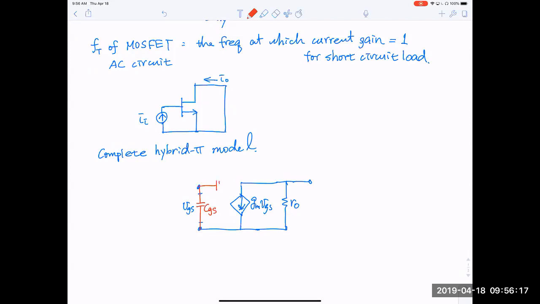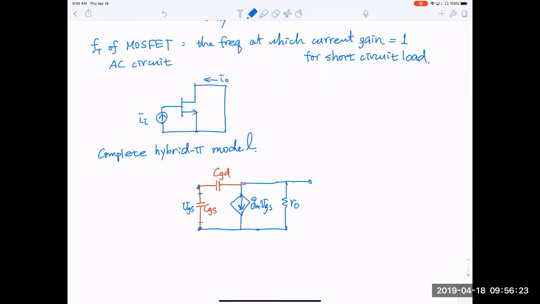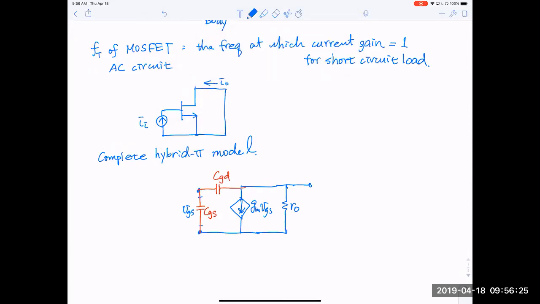And CGD goes here, right? This is the source, source is here, and this is the drain. This is the gate. So normally we used to have open circuits between gate and drain or between gate and source. Now it's no longer an open circuit. It's coupled by capacitance.